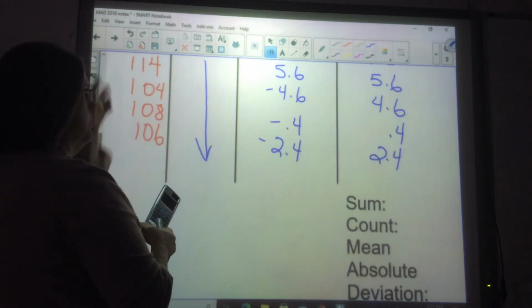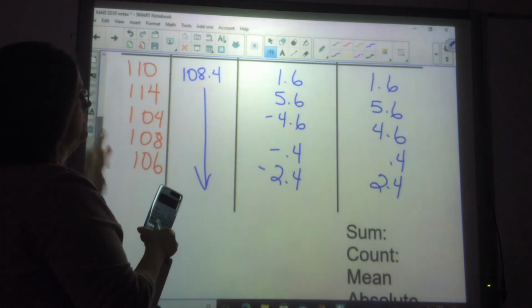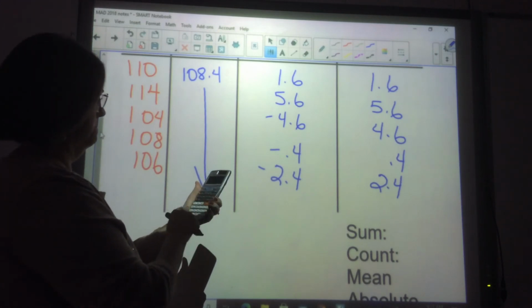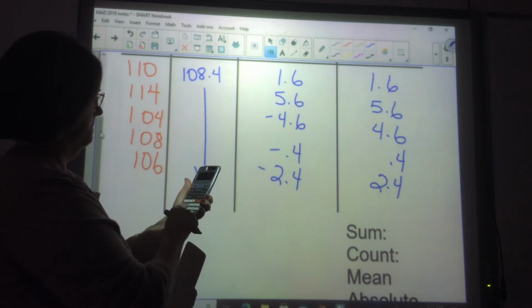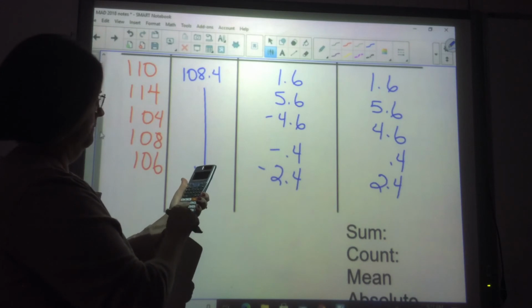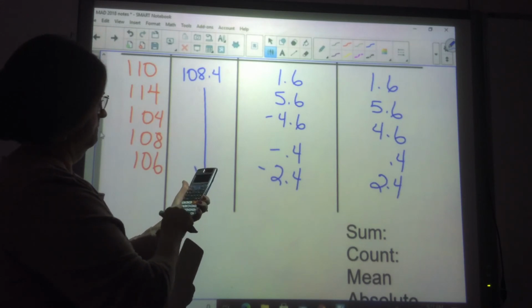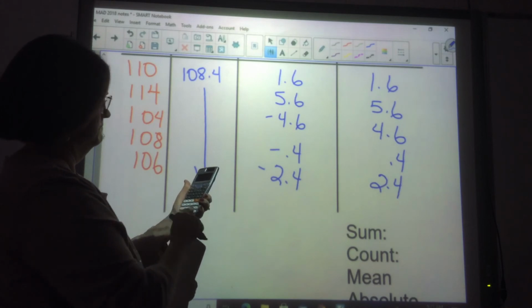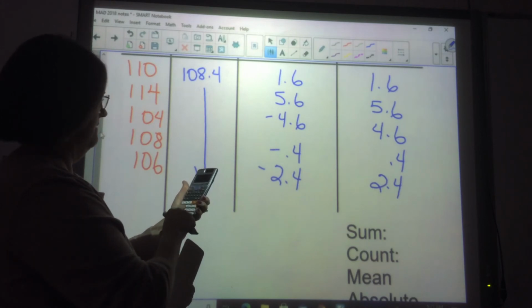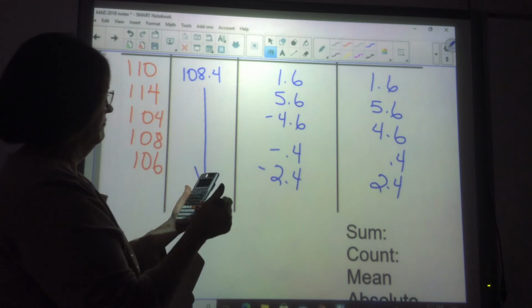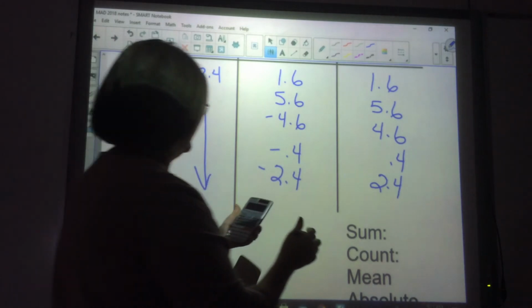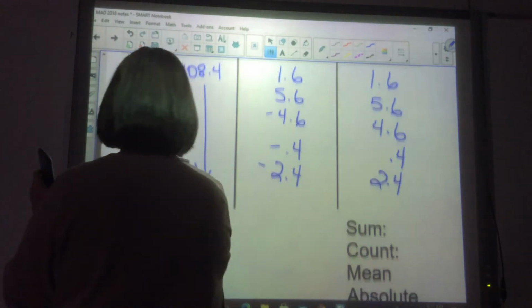All right, so we're going to add all those numbers together. And then divide by 5. And that gave us 2.8 is our mean absolute deviation.